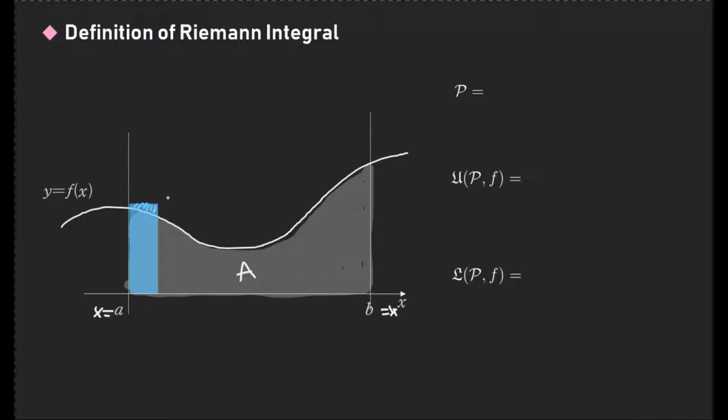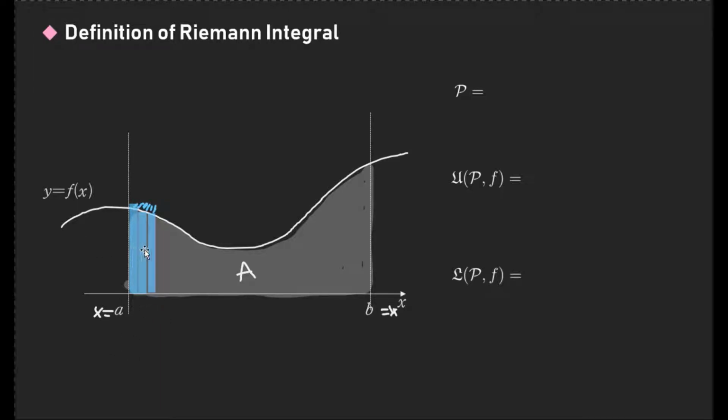So to reduce the error, we can partition the area more finely, and we can calculate the area because we know the area of a rectangle is length times height.